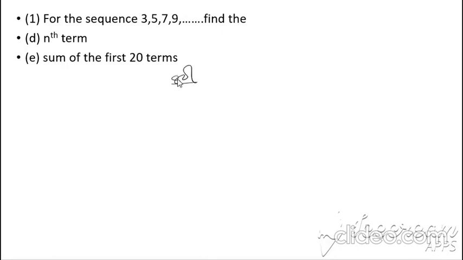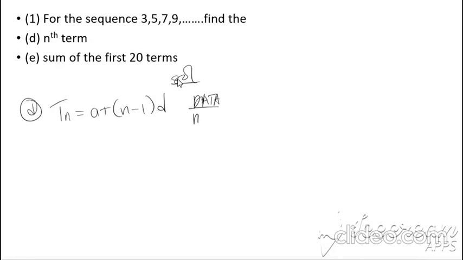Solutions. D. So the question is asking us to find the nth term. So since it's involving the term, I'm going to use this formula, which is t, number of term, is equal to first term plus open bracket n minus 1 common difference, just like that. Then you need to come up with your data like that.